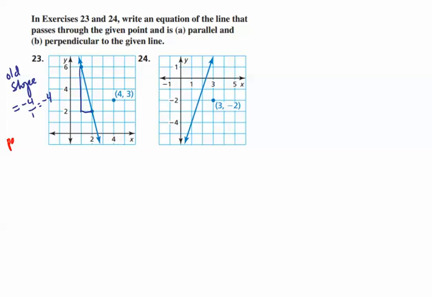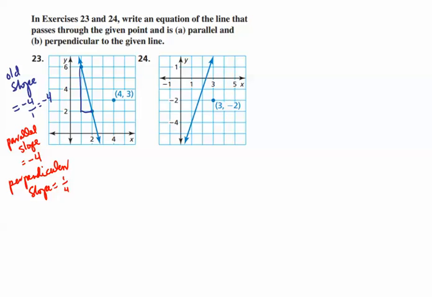So why don't I just say it this way? Parallel slope will be -4. Perpendicular slope will be 1/4. So in each case, I'm going to have the point 4, 3.